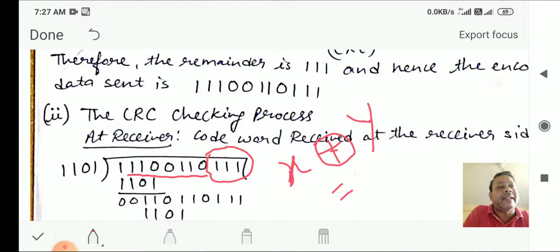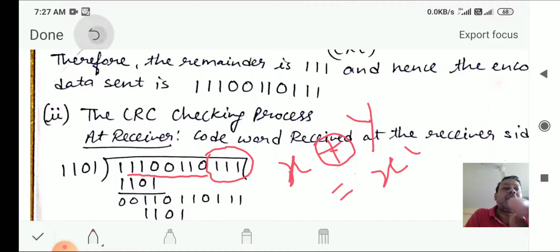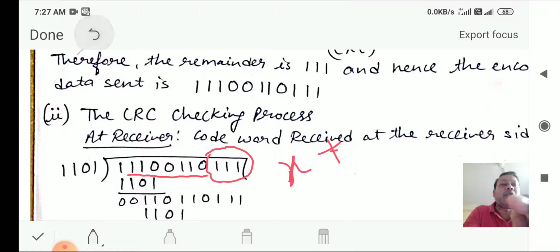The formula is given as X Y bar plus X bar Y. By applying this formula, if the bits are the same, we take 0. If the bits are different, we take 1. By using this rule, we divide the entire number. That is what is called modulo 2 division.